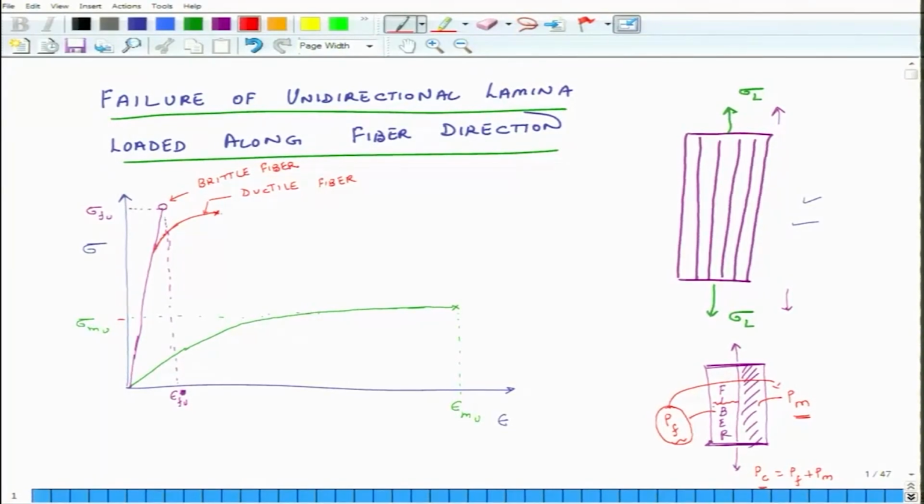If the volume fraction of fiber is small, I keep on pulling, the fiber breaks, and the extra load, which is not large, gets transferred to the matrix. The matrix can handle this extra load, and I keep on pulling. So, the composite does not break. Now I have to pull even more, and then the matrix breaks.